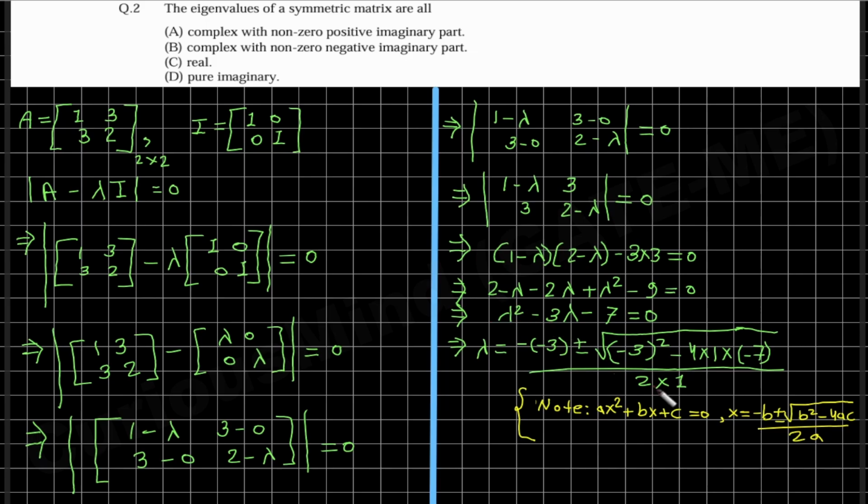So by comparing this quadratic equation with the equation of lambda, the value of a is equal to 1, the value of b is equal to minus 3, and the value of c is equal to minus 7. So we would plug these values of a, b, and c into this solution formula, and we would get this expression of lambda. Now we would further simplify this expression.